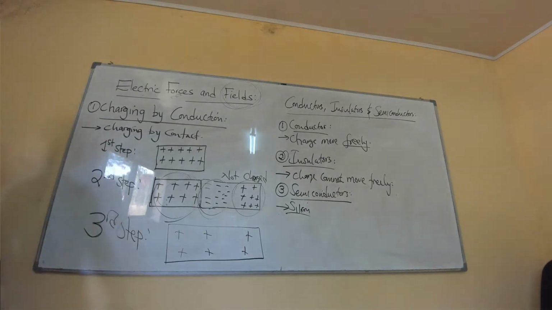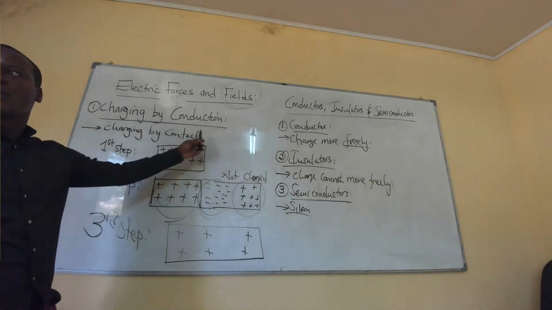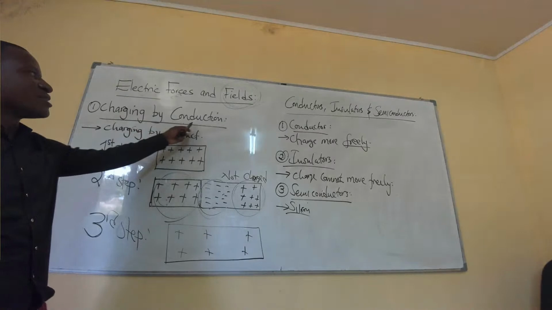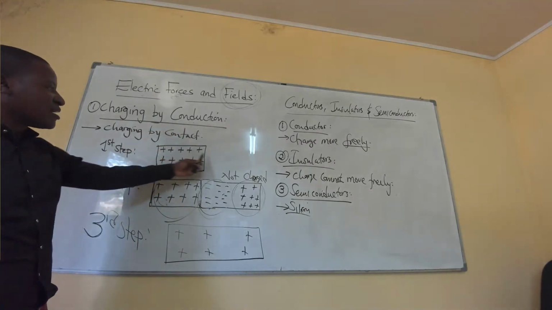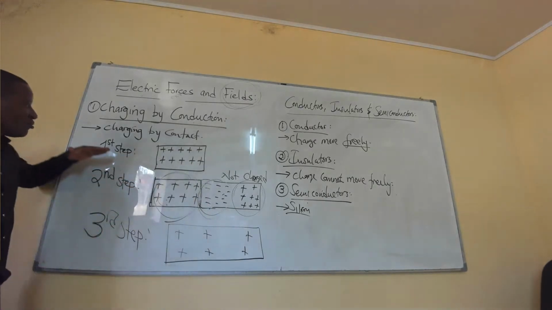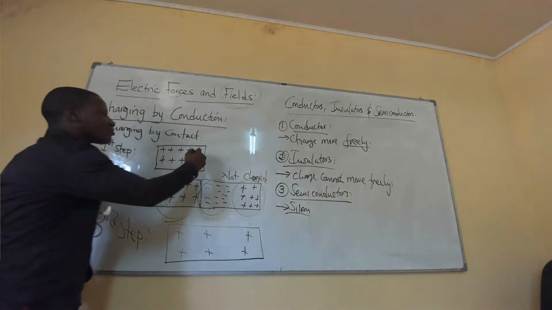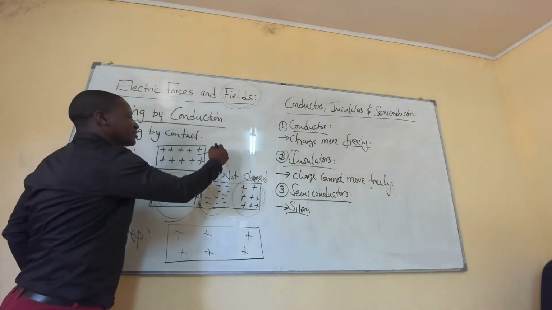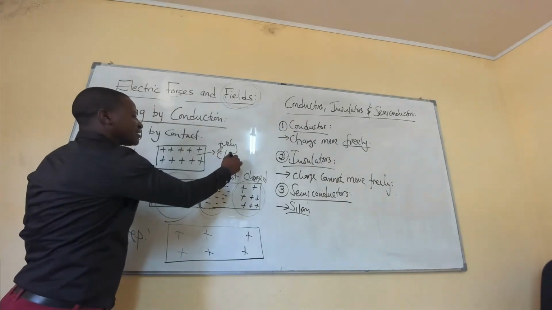So for example, in a test, in an exam, you've been asked to describe how you can charge a body by conduction. It's that simple. Don't start writing paragraphs. Just put your step one. You have your diagram, which is here. You can just mention positively charged.